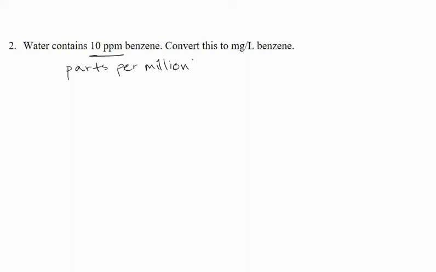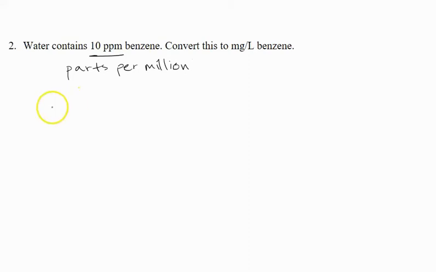But for each one of these, you can always just think of it as you have so many parts of one thing per million parts of everything. So in this example, we have 10 parts benzene per million parts total, but mostly water.